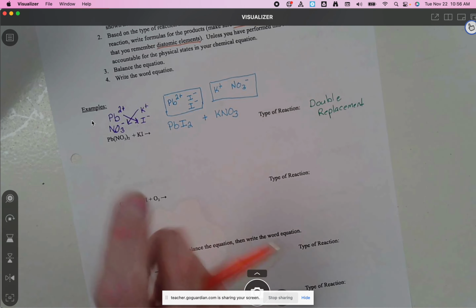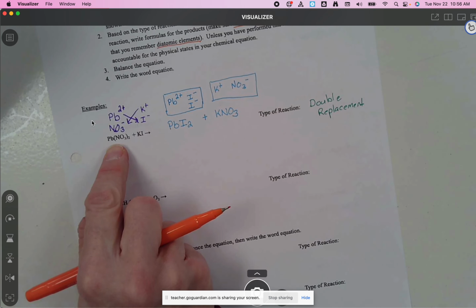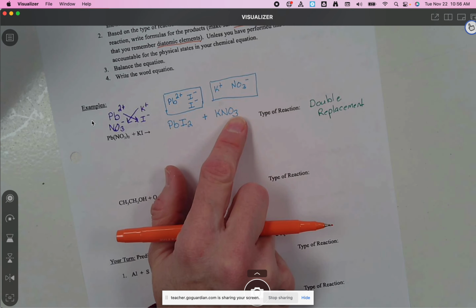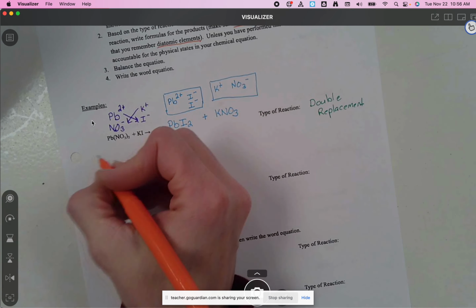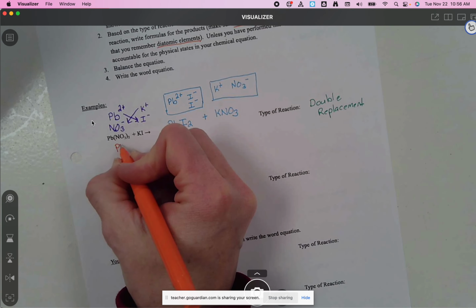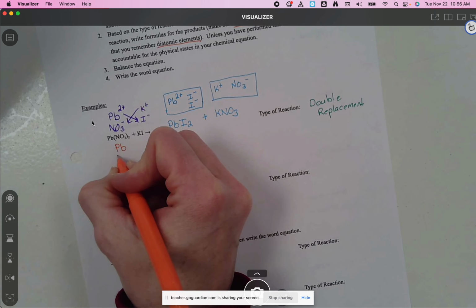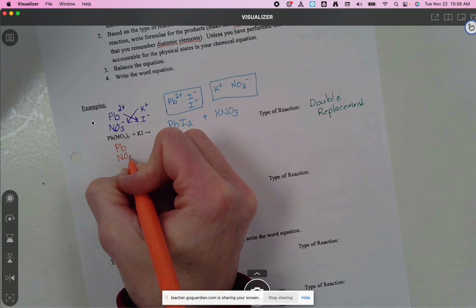Now we do our balancing. Since I can find a nitrate here and I can find another nitrate over here, I can leave those together and just track my nitrates if I want to, but you're welcome to split them up if that makes you feel better.